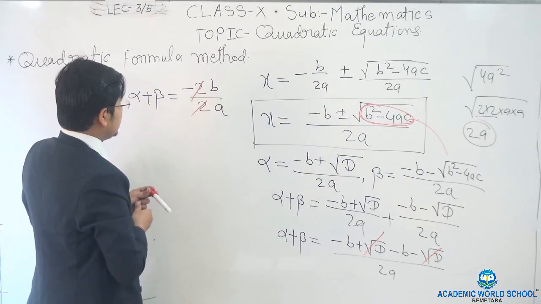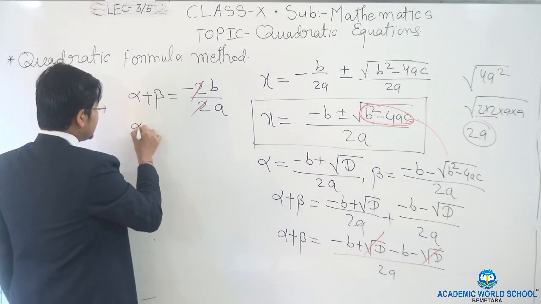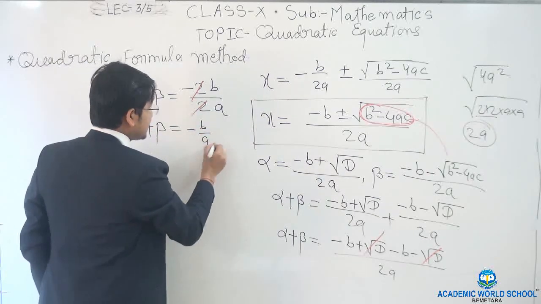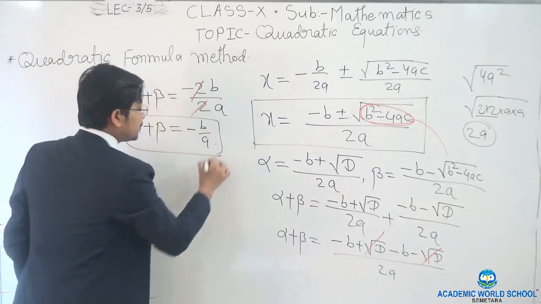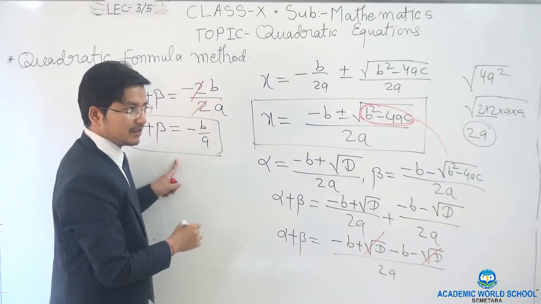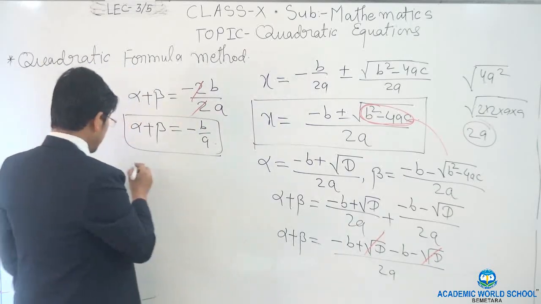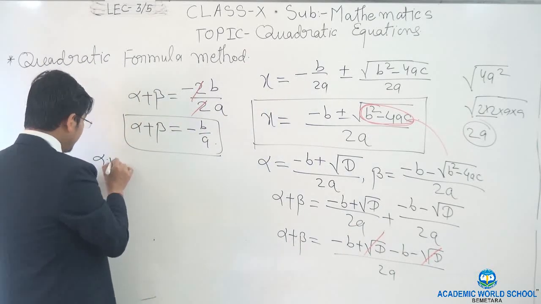So now we have the sum of roots, alpha plus beta, equal to minus b upon a, and this is what we have studied in the previous chapter. Okay, now product of roots. So alpha into beta.